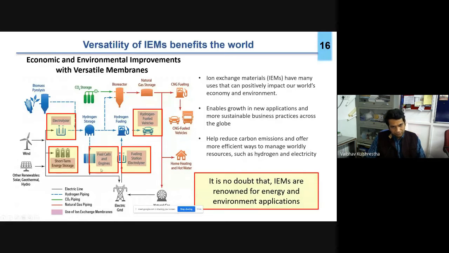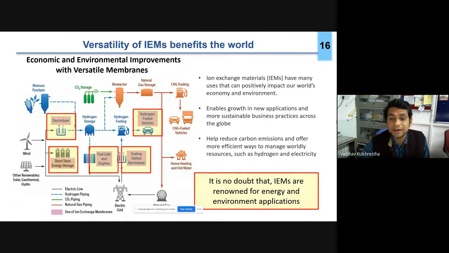In fuel cells, we use ion exchange membrane. In electrolyzers, we use ion exchange membrane. And in hydrogen-fueled vehicles, we also use ion exchange membrane in the form of alkaline ion exchange membrane or proton exchange membrane. So it is no doubt that ion exchange membranes are renowned for energy and environment applications.